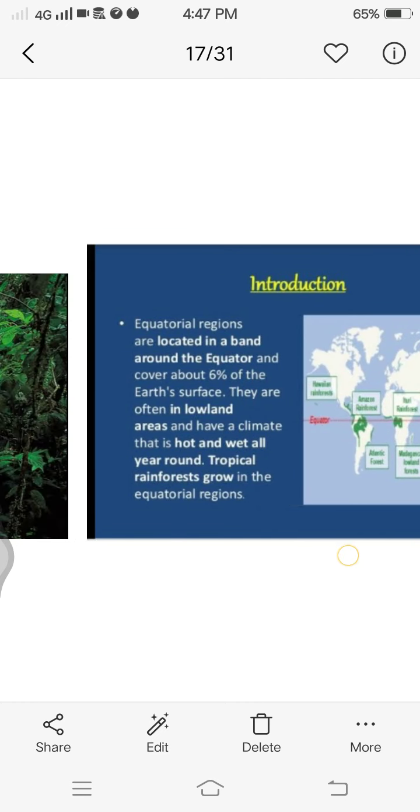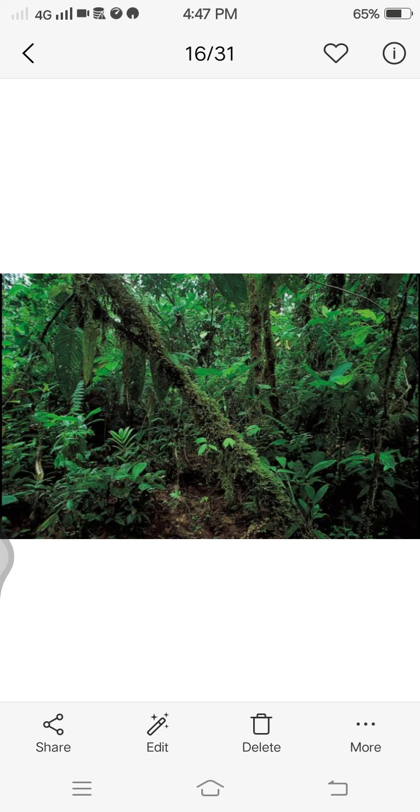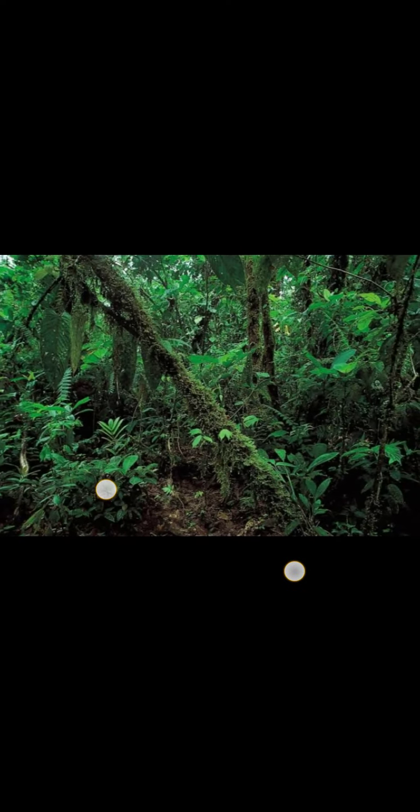In the equatorial forest region, we find diseases like malaria because of the wet conditions. These are the kinds of rainforests we find in the equator region. They are mostly green areas, and we find different kinds of plants.